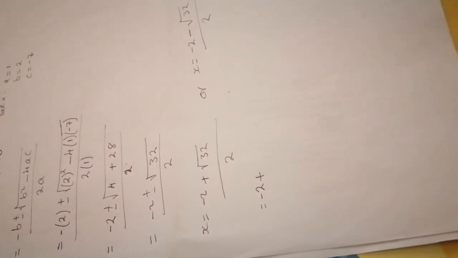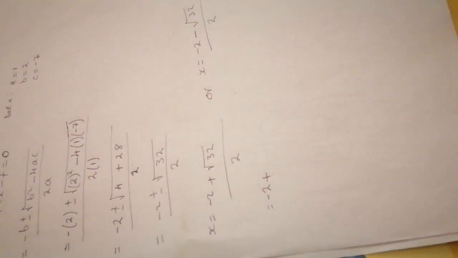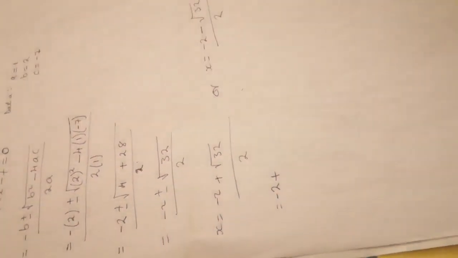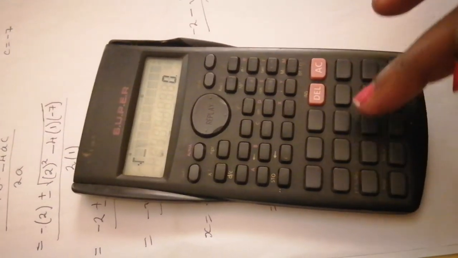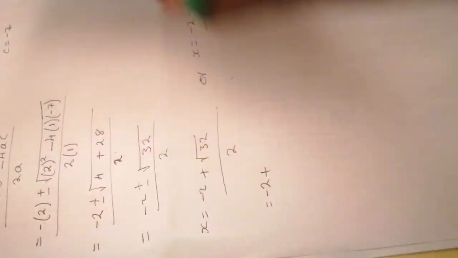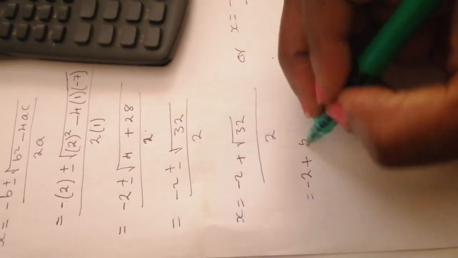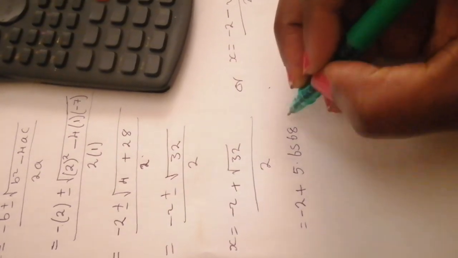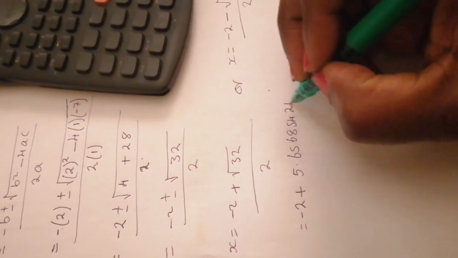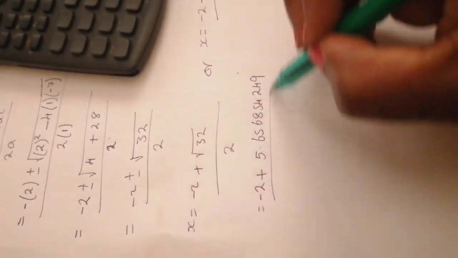So simply go to your calculator and find the square root of 32. The square root of 32 is simply 5.6568542449, and then everything divided by 2.